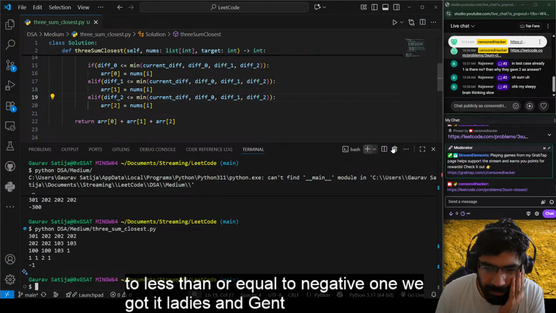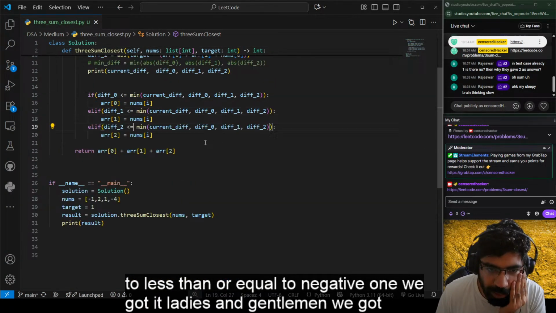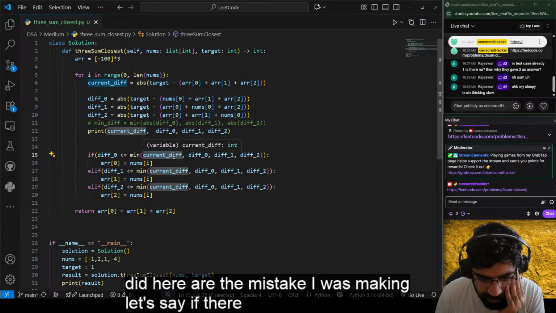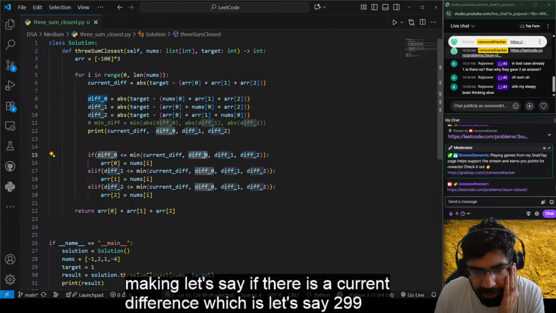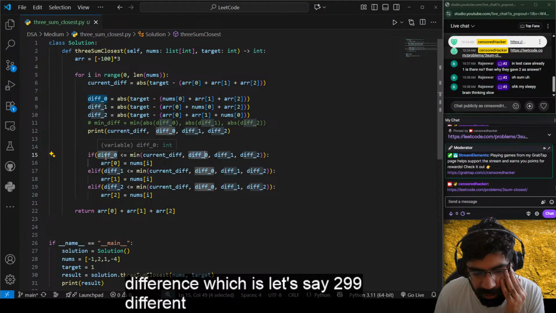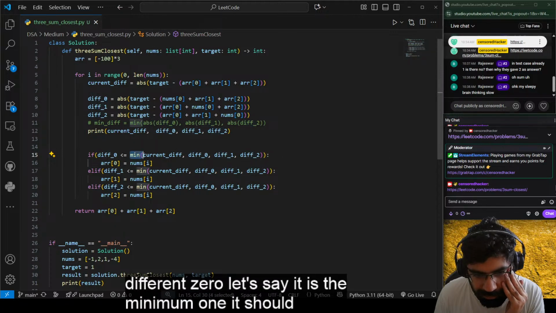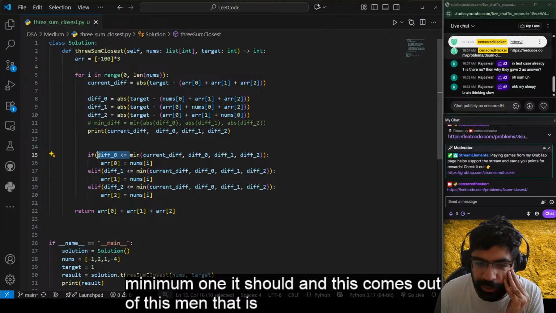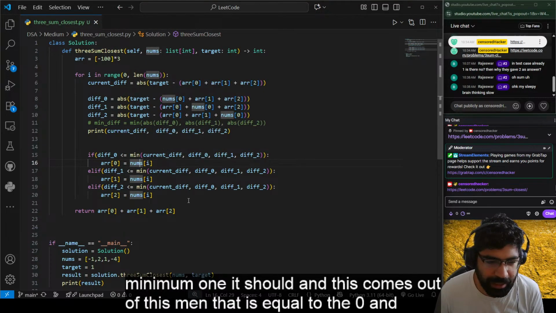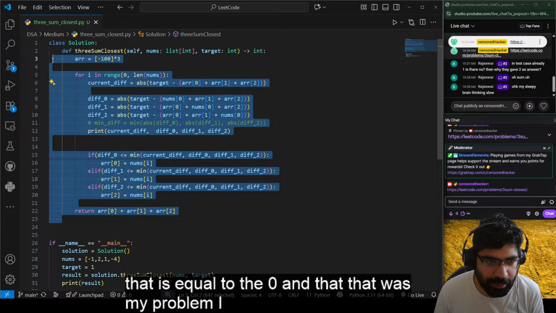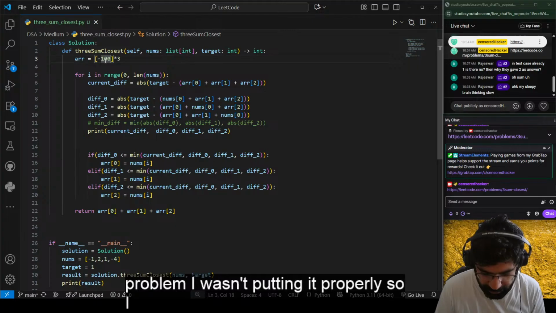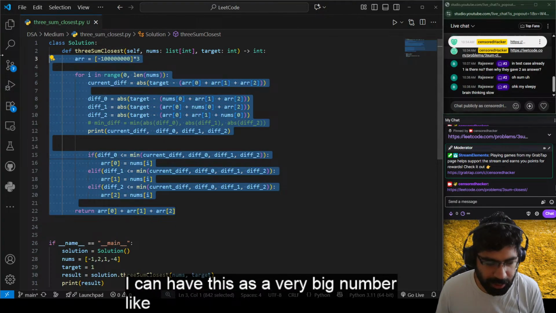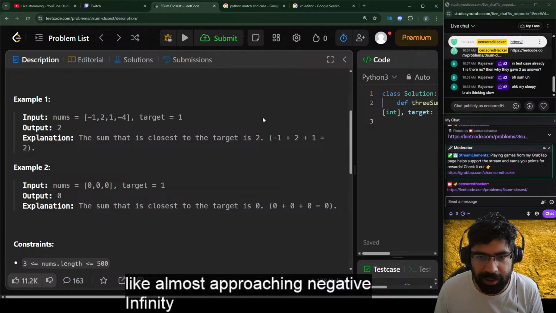Ladies and gentlemen, we got it. So the mistake I was making: if there is a current difference, let's say 299, and diff 0 is the minimum one, then min should be equal to diff 0. And that was my problem. I wasn't putting it properly. So I can have this as a very big number, almost approaching negative infinity. Let's see if this will pass my LeetCode.